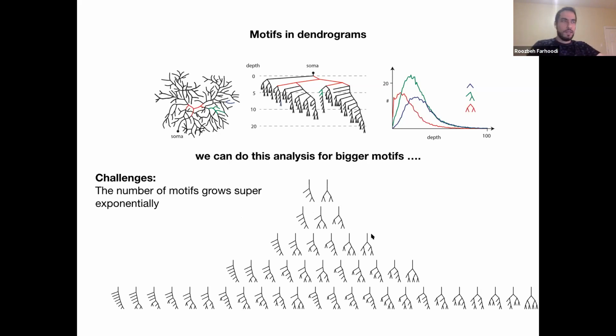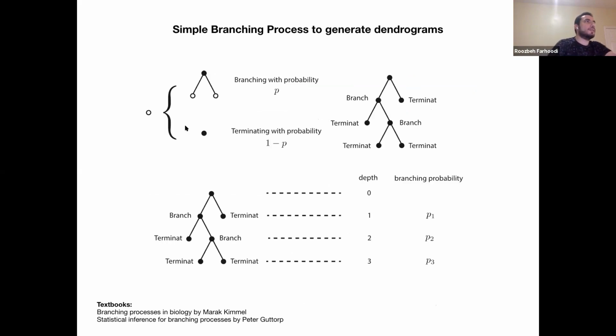Okay, so in this talk, I want to give you a simple model that describes the morphologies. Let us start with the simplest branching process that we can think of. In the simple branching process, you have a probability distribution, let's say P, and based on P, each node may branch or terminate.